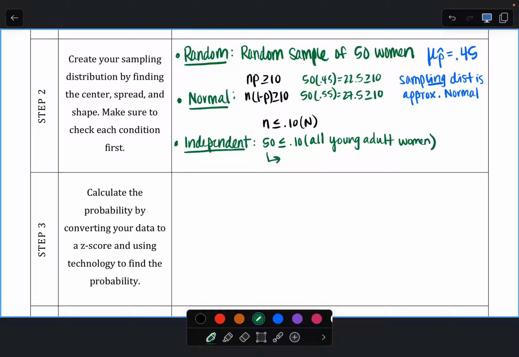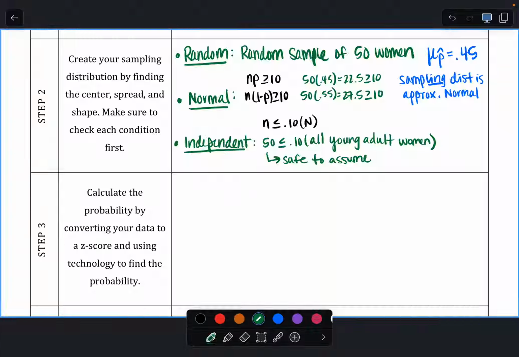So we'll just say that is safe to assume. Sometimes there will be questions where they say there are 2,000 students who go to high school A, and your sample is 200 or 400 or something big. That would mean you would need the high school to have 4,000 students in it. And that's when this condition would fail.